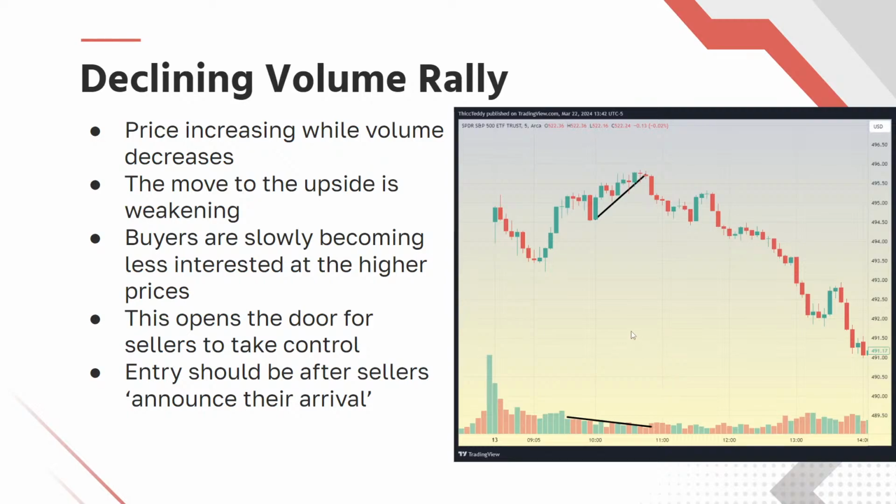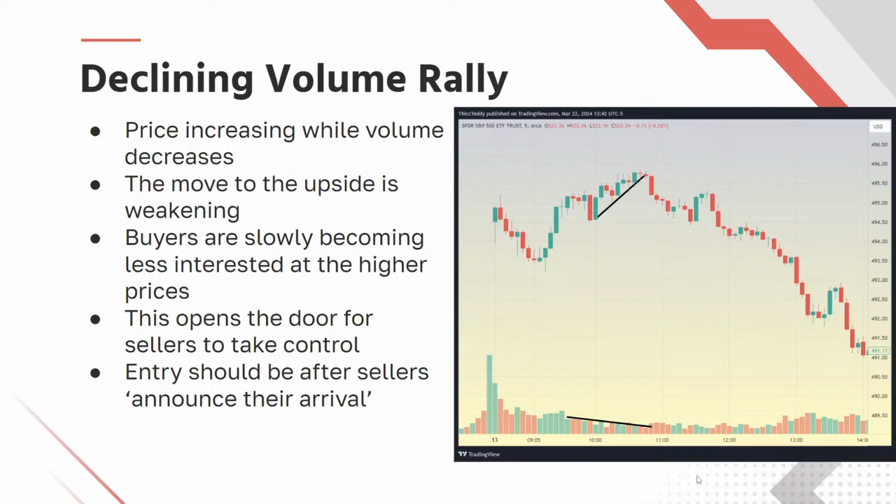So the door has been opened for sellers to take control by the buyers not confirming that this is a strong move. They have not confirmed that this move to new highs is significant and strong. They've confirmed none of that. That leaves the door open for the sellers to step in and take control.